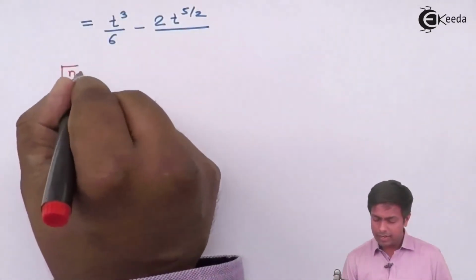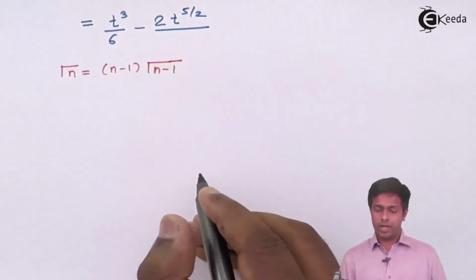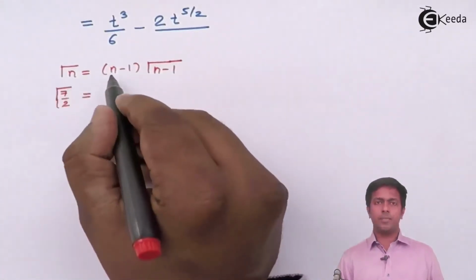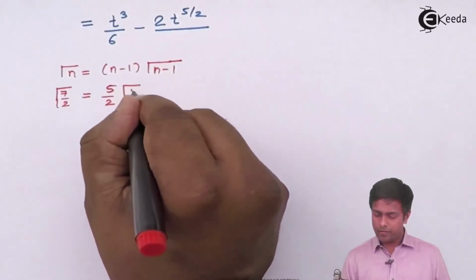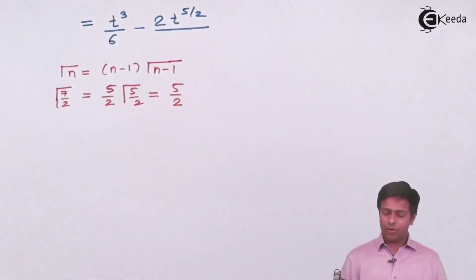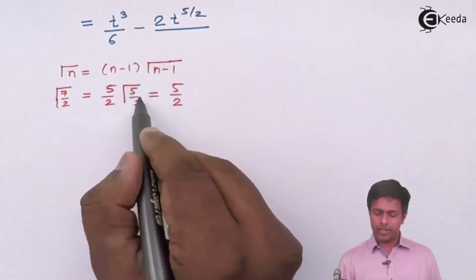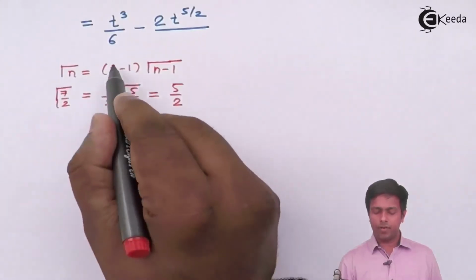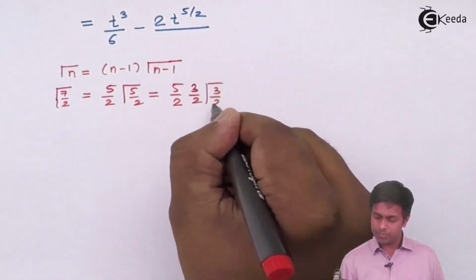Gamma of n is (n minus 1) gamma of (n minus 1). Now guys, we have gamma 7 upon 2 with us. So it is 7 by 2 minus 1, that is 5 upon 2 into gamma 5 upon 2. Now first 5 upon 2 I will keep as it is, and for this gamma 5 upon 2 I will use this same formula again. So that will become 5 upon 2 minus 1, that is 3 upon 2 gamma 3 upon 2.